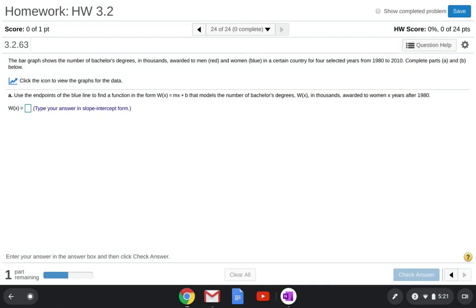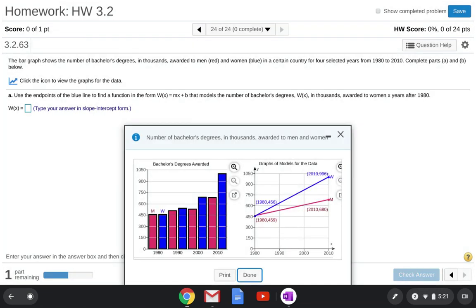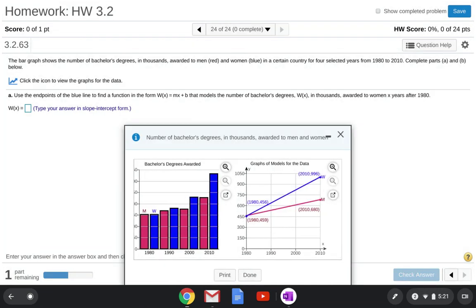This is question 24, the bar graph. If you click on the icon, you're going to see the bar graph. It shows the number of bachelor's degrees in thousands from 1980 to 2010. They want you to complete parts A and B below.